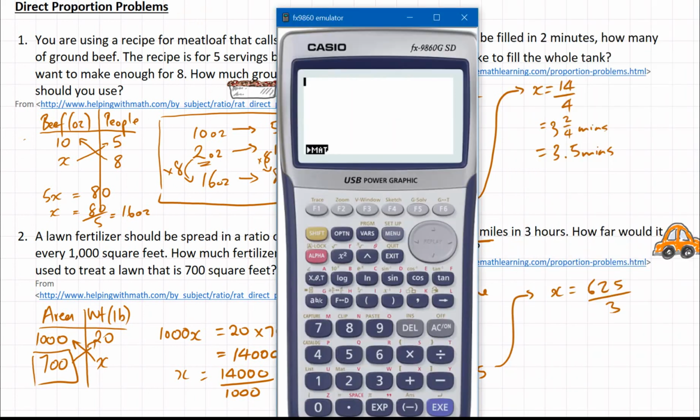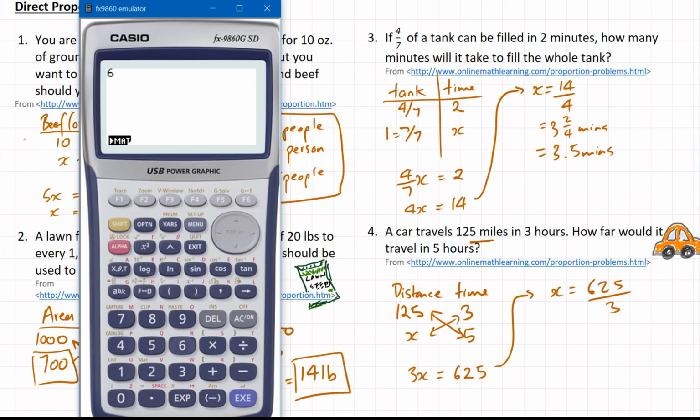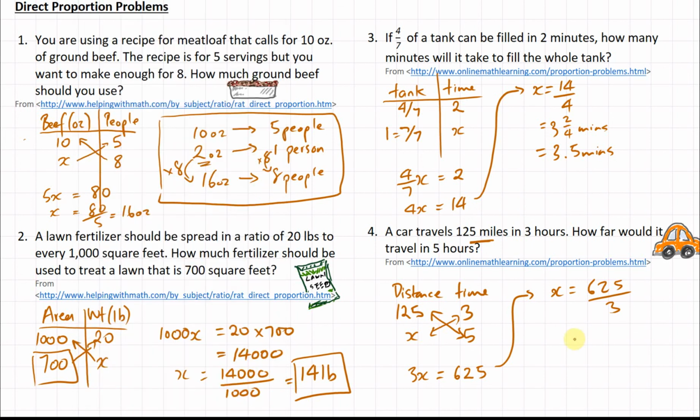Let's just do that. So 208 and a third. So 208, let's round that to 1 decimal place. So that is distance. So the distance is equal to 208.3 miles.